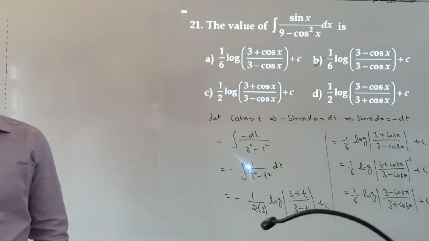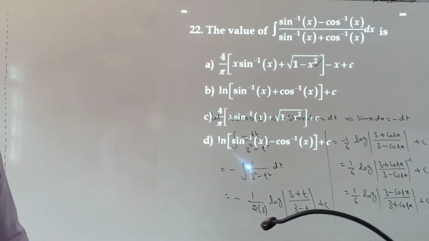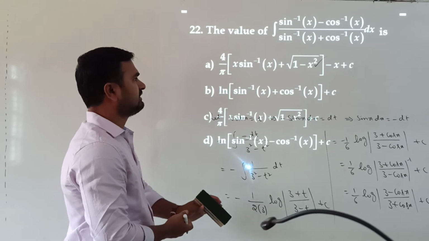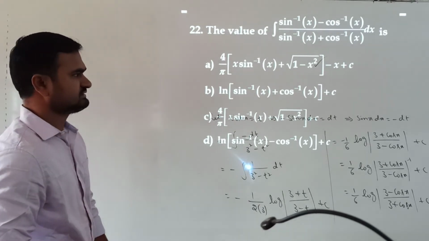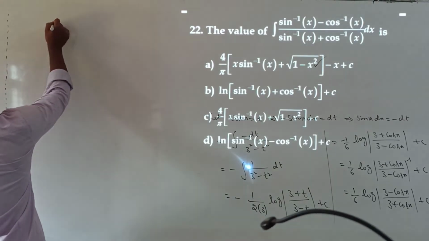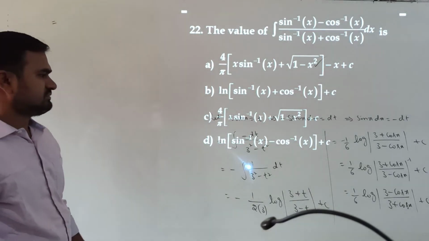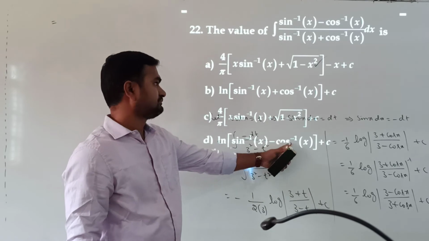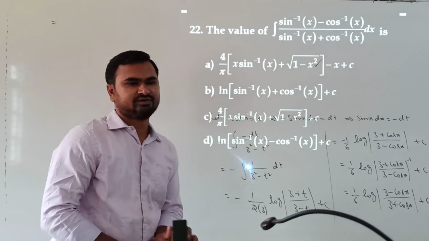Let us see the next question. The value of integral sin inverse x minus cos inverse x divided by sin inverse x plus cos inverse x is. Now if you see the options, most of the options are in terms of sin inverse. Okay, so let us first simplify this.